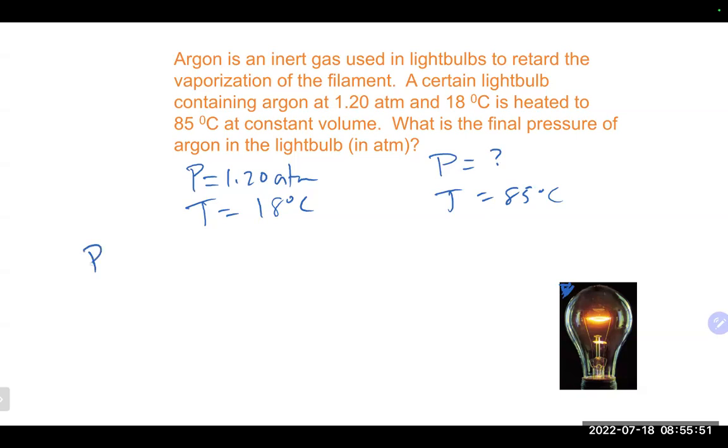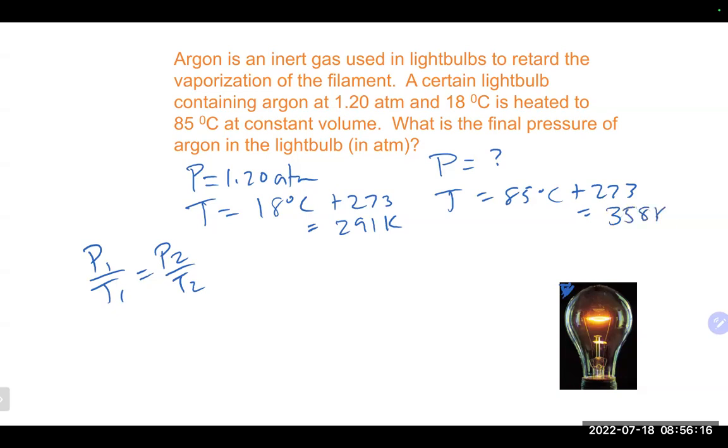So once again, that is P1 over T1 is equal to P2 over T2. Like every other gas law, we have to put our temperature into Kelvin. If we do that for each of them, 18 plus 273 is 291 Kelvin, and 85 plus 273 gets us 358 Kelvin.